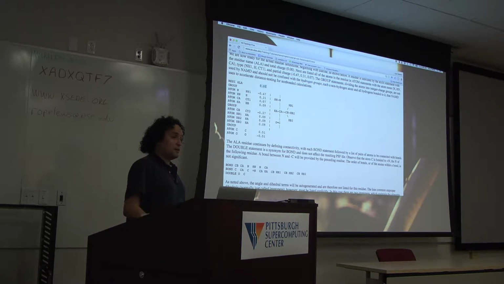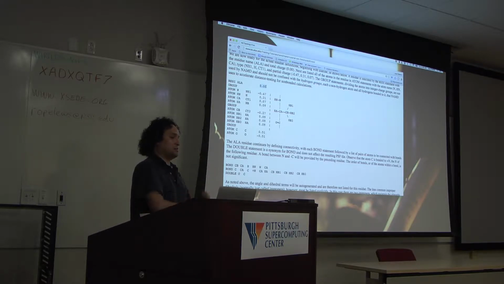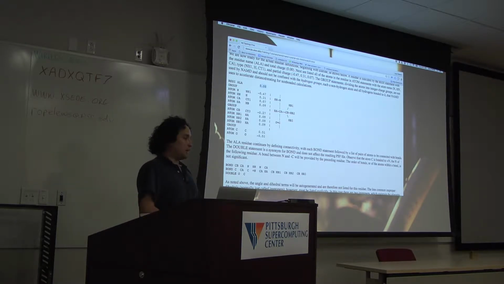Just to back up one second, the topology file is used by PSFGen to generate the PSF file. That is correct, yes. So you never use the topology file during the simulation; you only use it to prepare the files. That is correct.